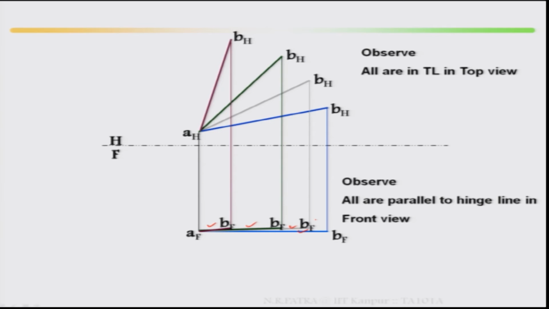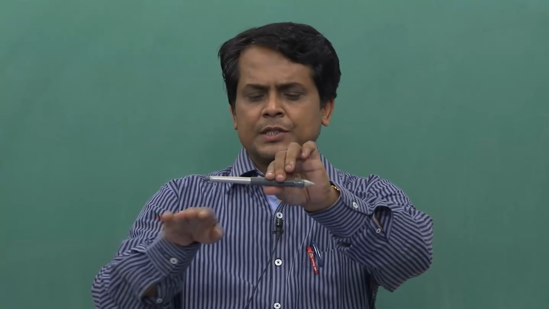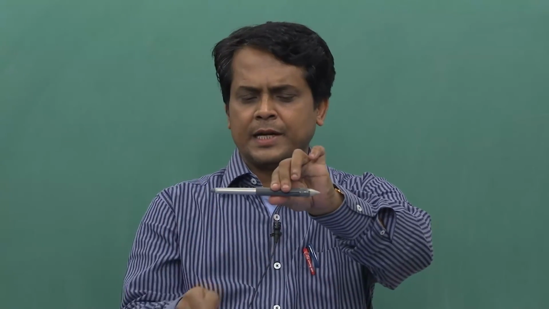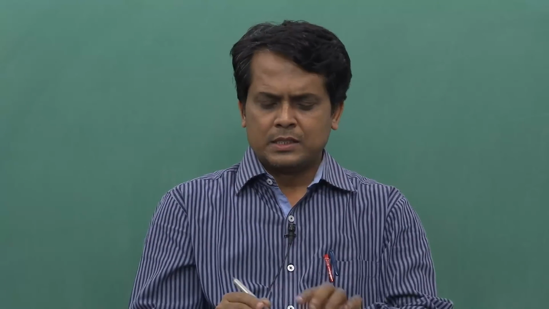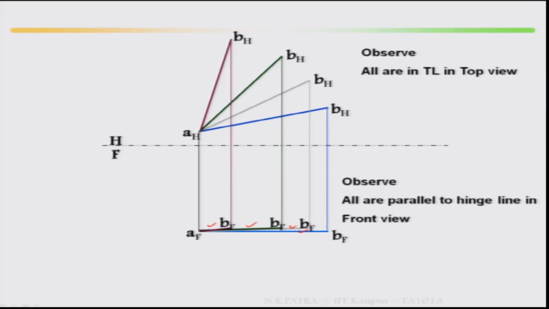That means here in the top view, these are all true length, because this has been projected back. Parallel means, if this stick is parallel to this plane and I project it back, I am supposed to get a true length. Similarly, this is parallel, and if I project back, I am supposed to get a true length.